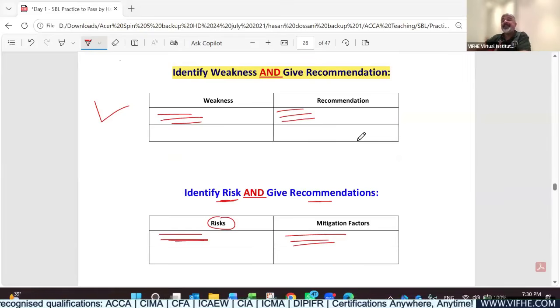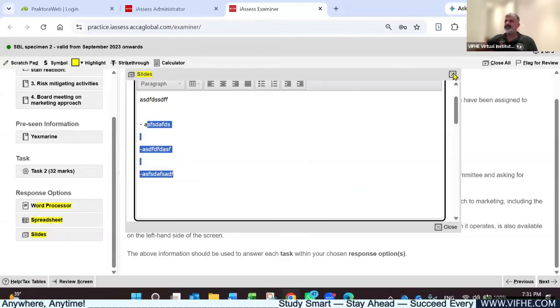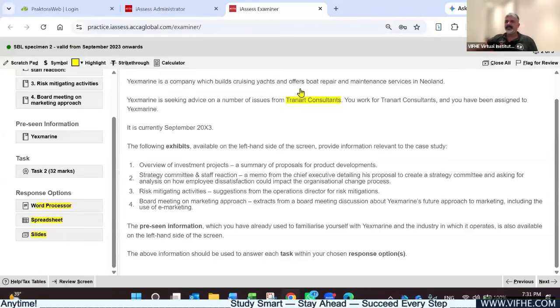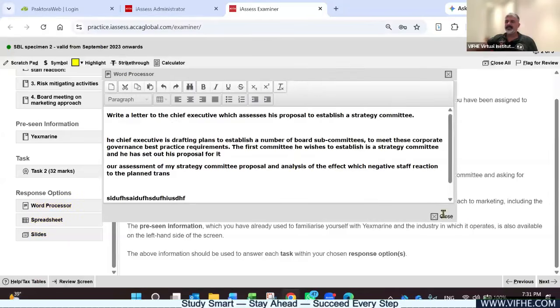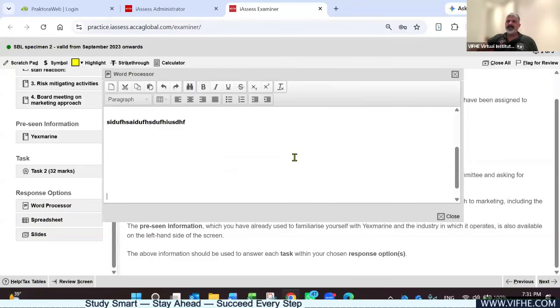How do you make a table in the CBE platform? That's the question, right? Do you know how to insert a table in your CBE platform? It's very simple. Go to the word processor and here you will see this option table.